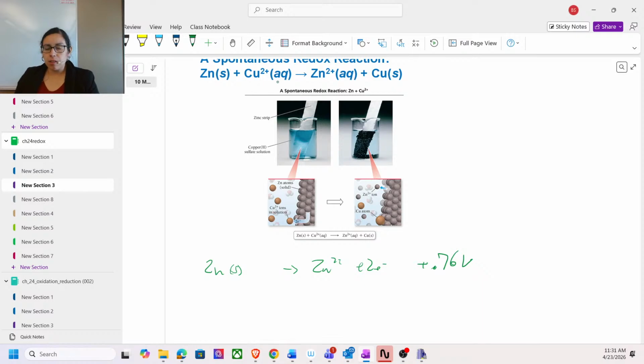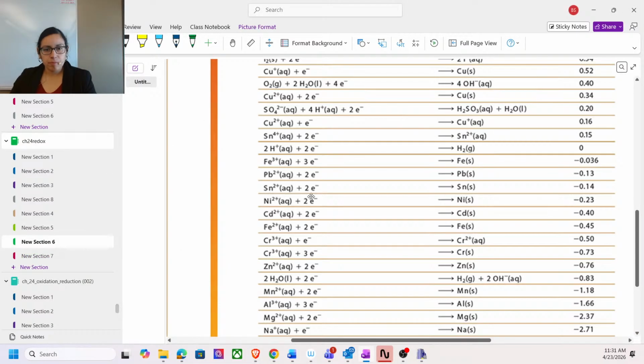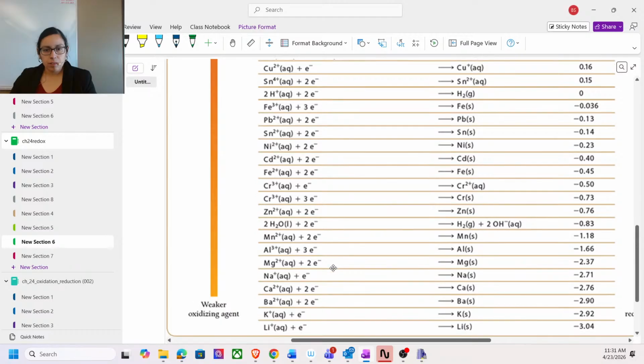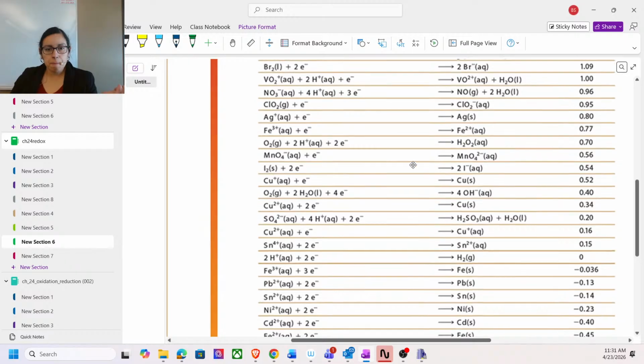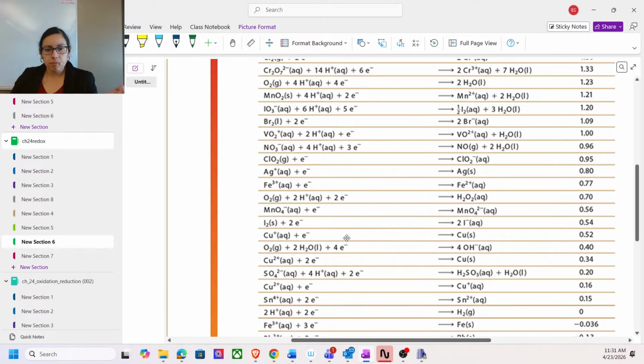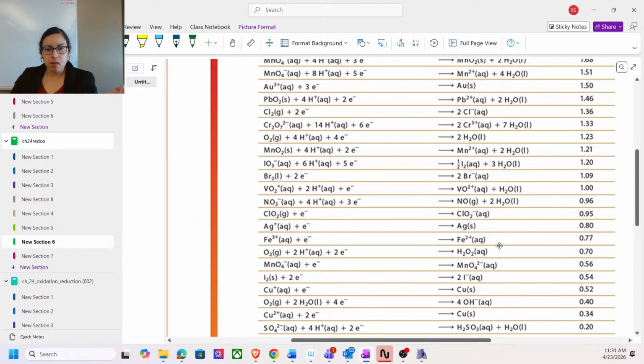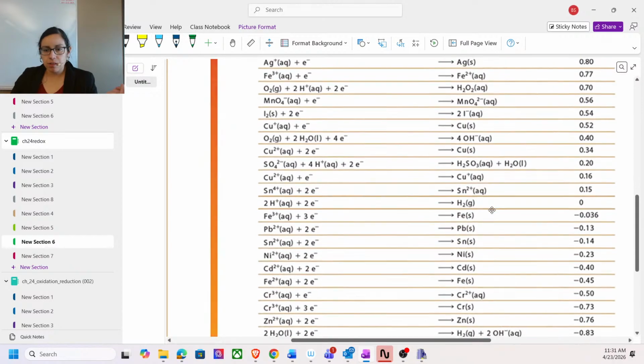And so let's look at this next process. So copper 2+ plus 2 electrons to give me copper. So trying to find it. Wrong reduction potential, that's 1 electron. Sorry, I keep getting distracted by the 1 electron process.